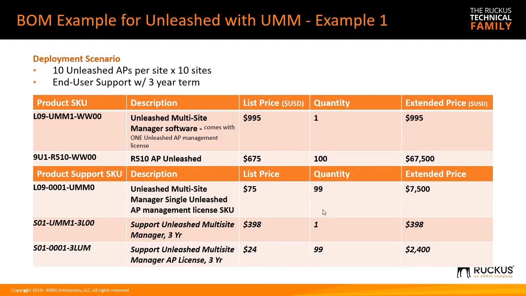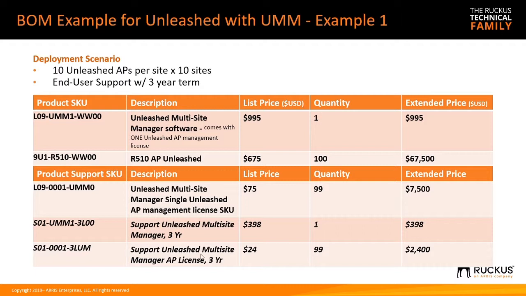Then we're ordering 99 licenses, so AP licenses for the multi-site manager. Remember, multi-site manager comes with 1 license, so we need to purchase 99 more. And the list is $75 on those. And then we're gonna purchase support on the multi-site manager itself for 3 years. So the 3L00 for 3 years could be a 1L00, 5L00 for 1 and 5 respectively.